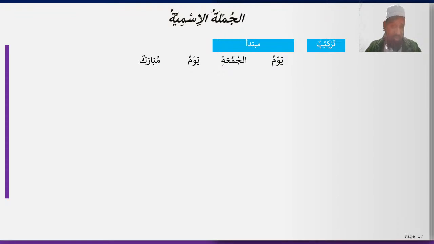Now you can guess this يوم. Does it have the meaning of في in it? Is anything happened or happening في يوم? No, we're just giving information about يوم الجمعة. So it is a straightforward خبر.